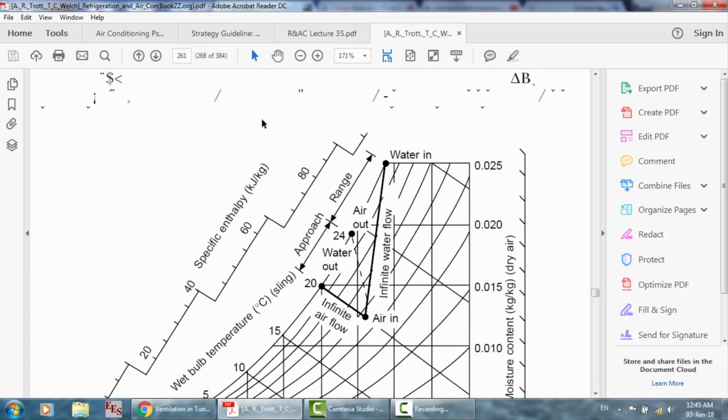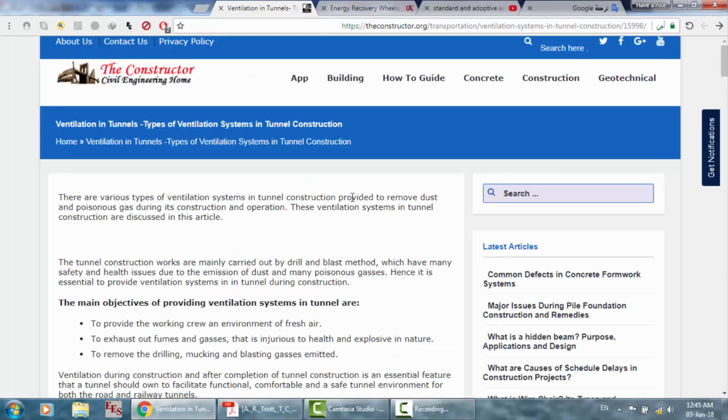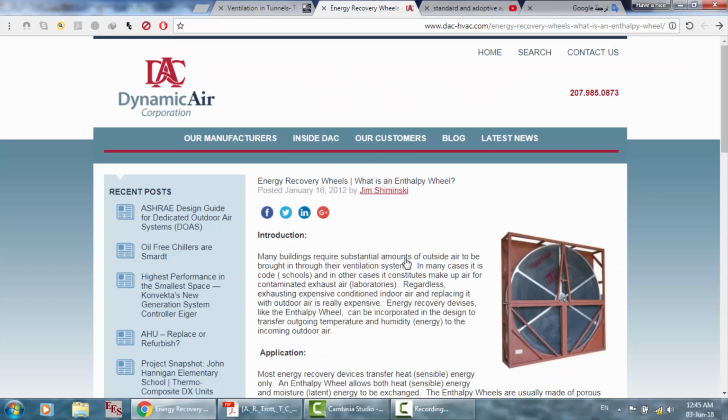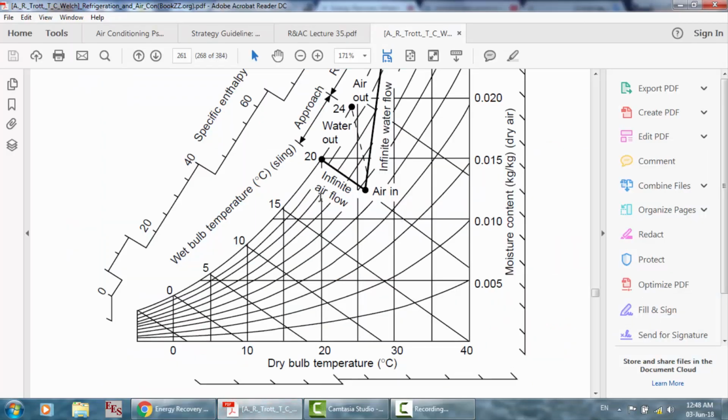Okay, now gentlemen, the last thing here is the ventilation in tunnels and the energy recovery. I'm going to show you just an overview about them, and you can get some books and videos to check them out in detail. I also have to confirm that using preheaters and afterheaters, if required, enhances the heating loads.